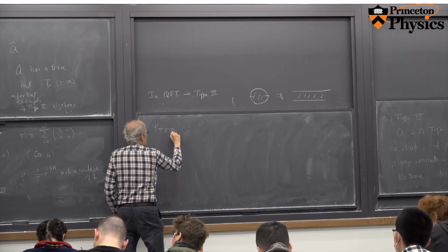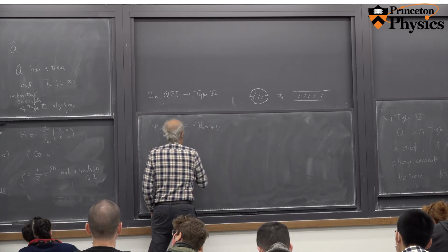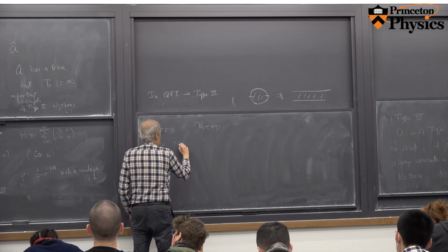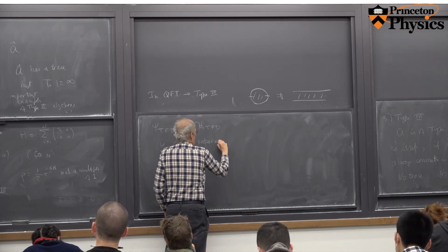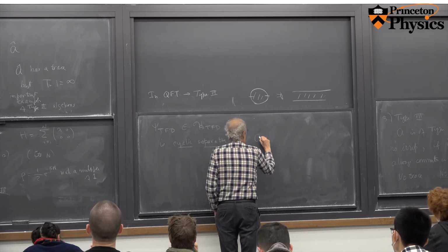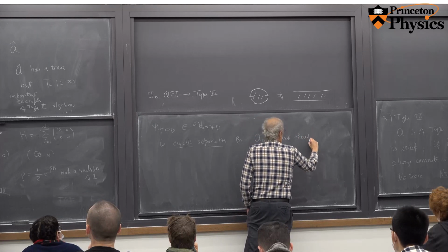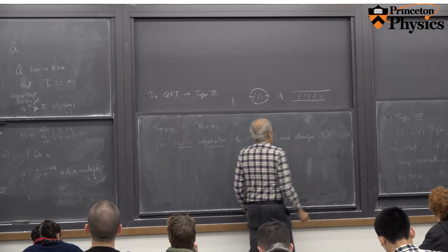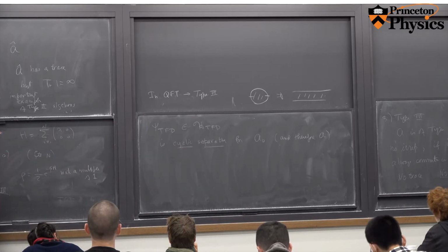The state psi TFD in the thermofield double Hilbert space is cyclic separating for the algebra A0 and therefore A. Remember, A0 was the algebra of finitely many spins, and A is its completion to a von Neumann algebra.